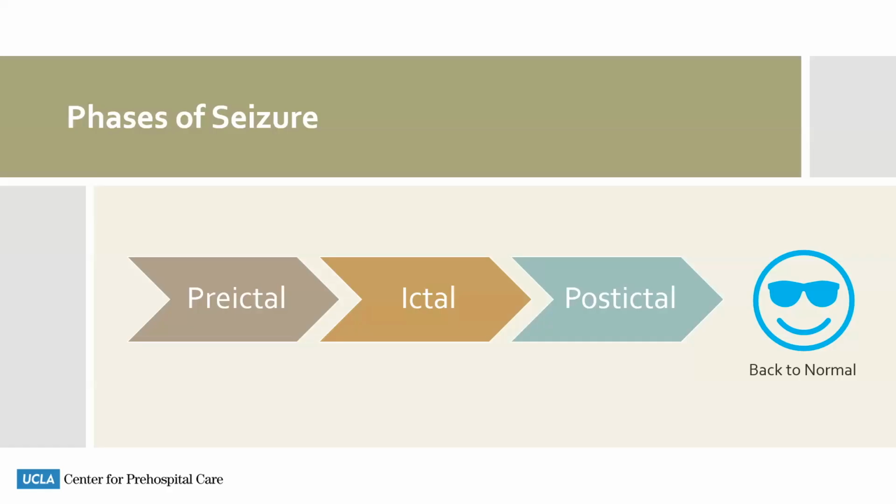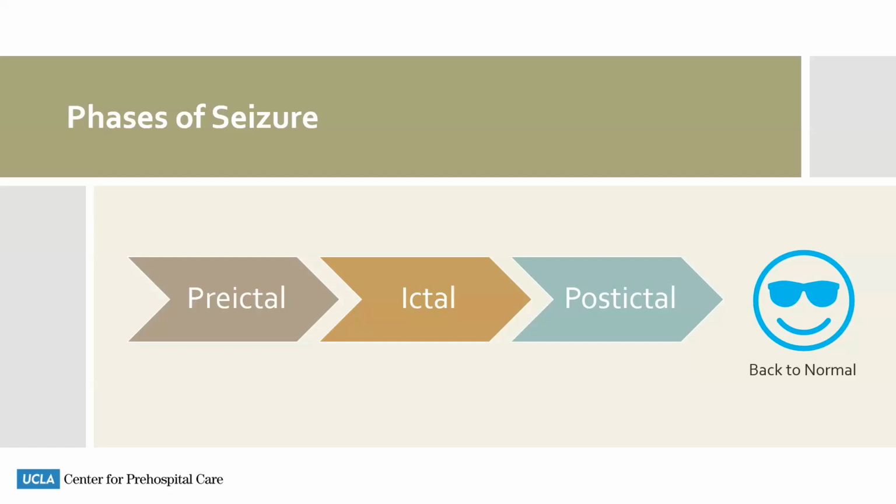Maybe they have a severe headache and then they go into a seizure. And this is the ictal, their seizure activity. Following the seizure activity, they're in a post-ictal state where they don't have the seizing anymore, but they're not awake.